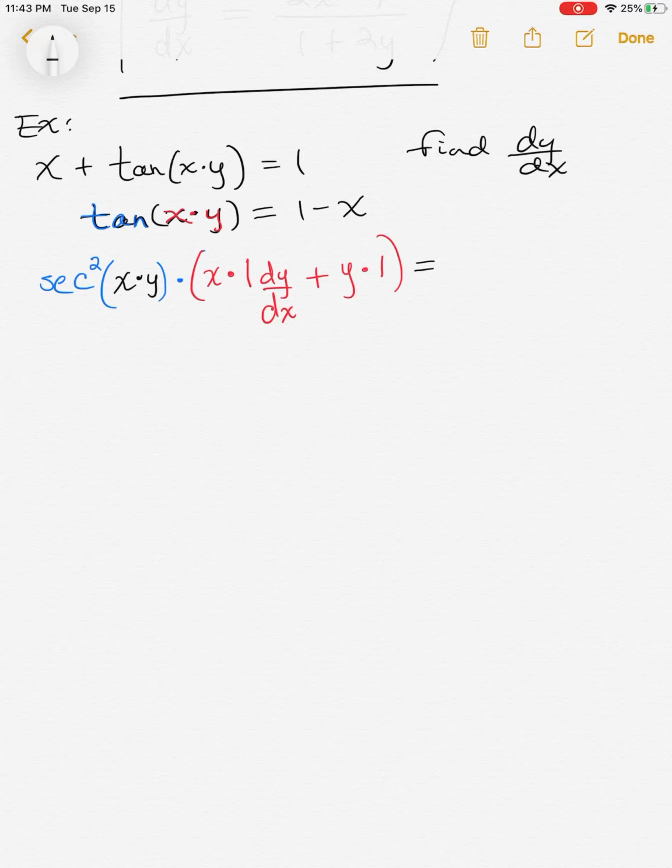That took care of the left-hand side of that equal sign. Go to the right-hand side, take the derivative of 1, that is 0, minus the derivative of x, that is negative 1.